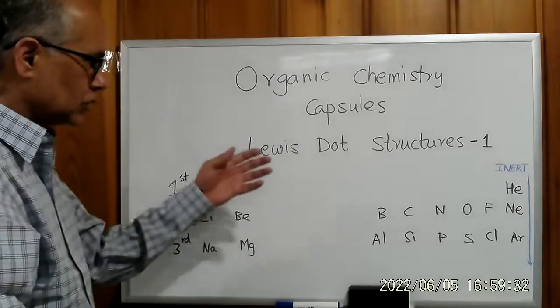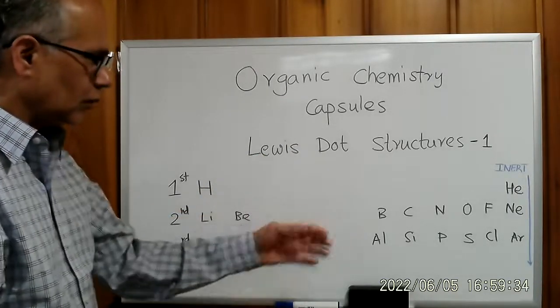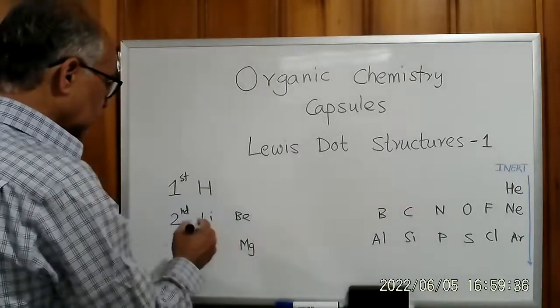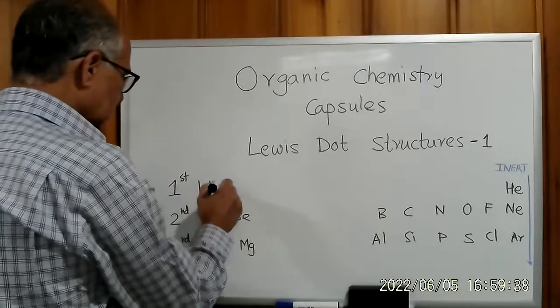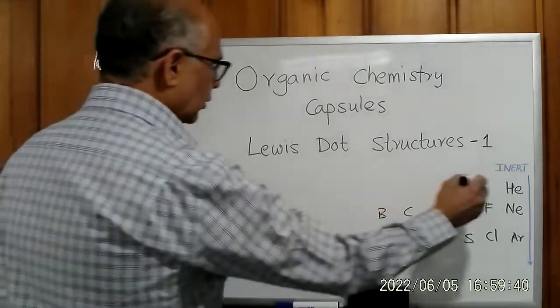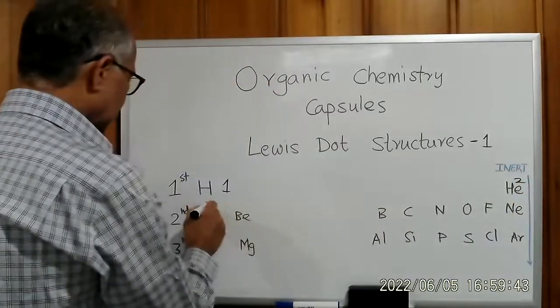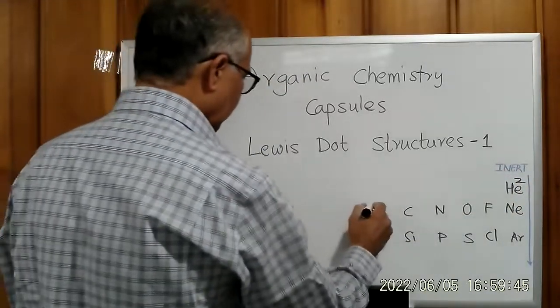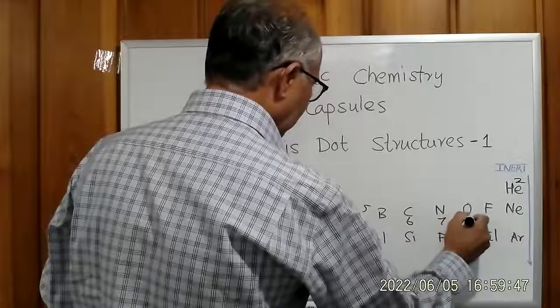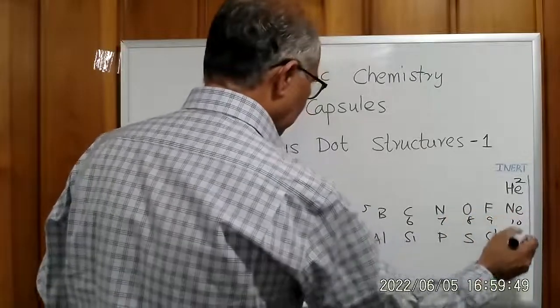First row we have hydrogen, helium. Second row we have lithium, beryllium, boron, carbon. So you know the atomic number. Hydrogen atomic number is 1. Helium is 2, lithium 3, beryllium 4, 5, 6, 7, 8, 9, 10.